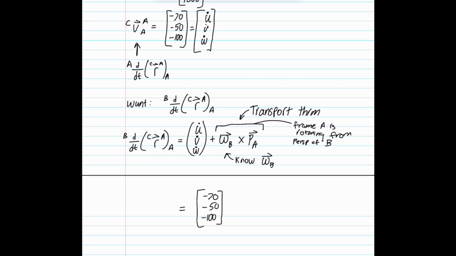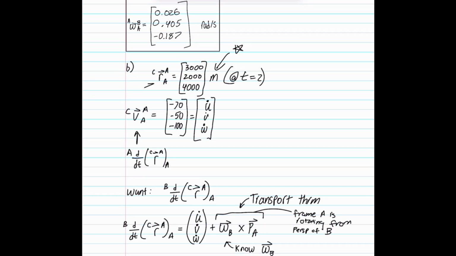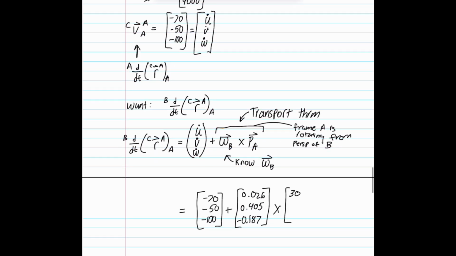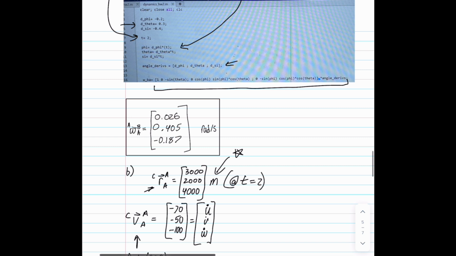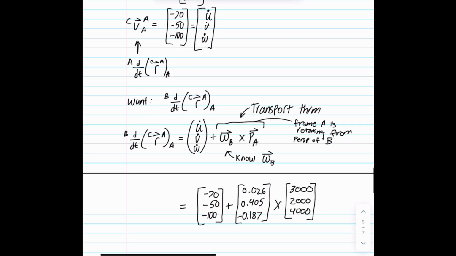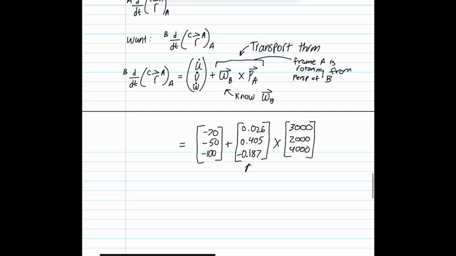And since we know what u dot, v dot, w dot is, and we know what the angular velocity vector is from part A, we also know the position vector expressed in A frame, and this is in meters. We can find the position vector of aircraft C with respect to A expressed in A frame, taking the derivative with respect to the B frame. And it gives us this vector.